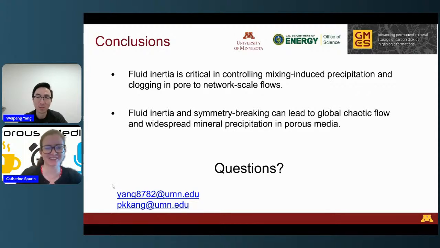Great. Well, thank you so much, Weipeng. And I'm going to go on to our second speaker of today's session, which is Nathan. Nathan Jones did his undergrad at the University of California, Santa Barbara, and is now a fourth-year PhD at Caltech, working with Professor Ruby Fu in mechanical and civil engineering.